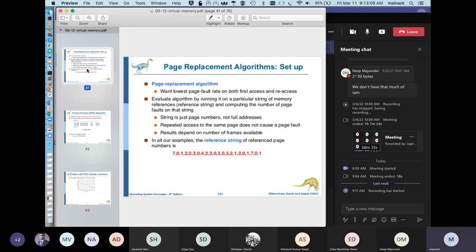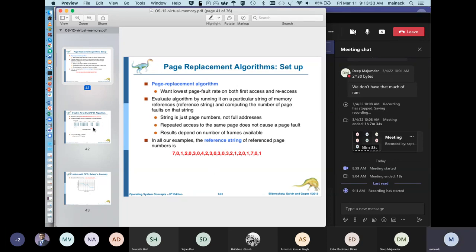Using these two pieces of information, you can deduce how many page faults there will be, because a page fault will happen when the next virtual page number in the reference string is not in any of the frames.